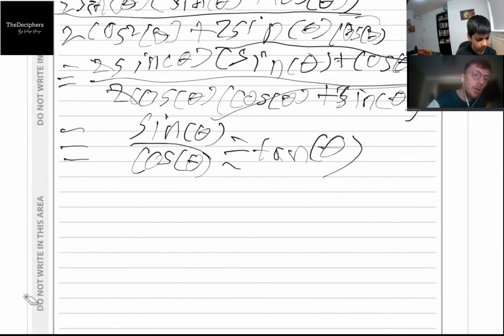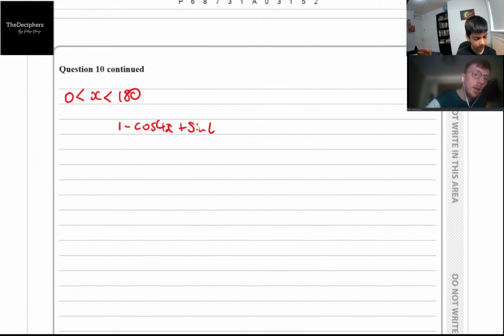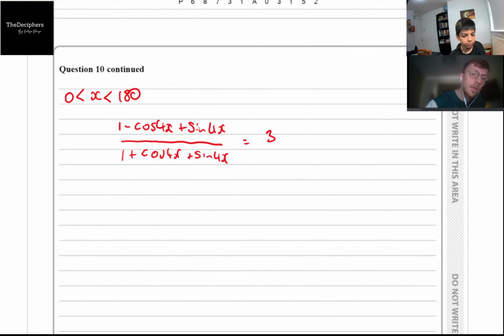So we've got 1 minus cos 4x plus sine 4x over 1 plus cos 4x plus sine 4x is equal to 3 sine 2x. Okay, and we want to solve between 0 and 180, giving our answers to 1 decimal place.